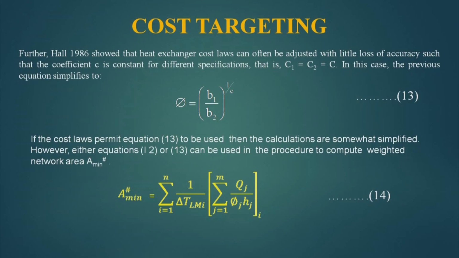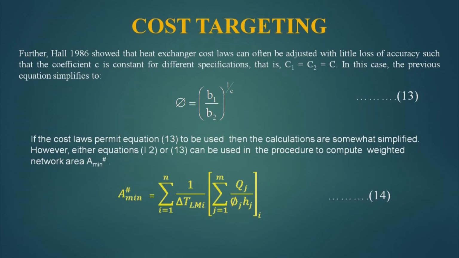Now, further, Hall 1986 shows that the heat exchanger cost law can often be adjusted with a little loss of accuracy, such that the coefficient C is constant for different specifications.